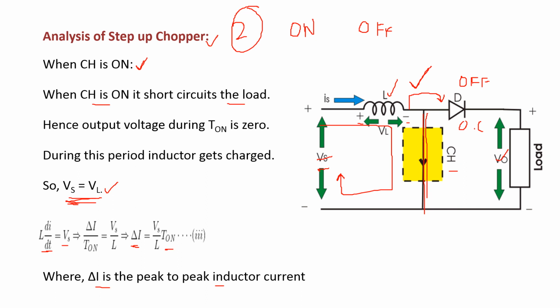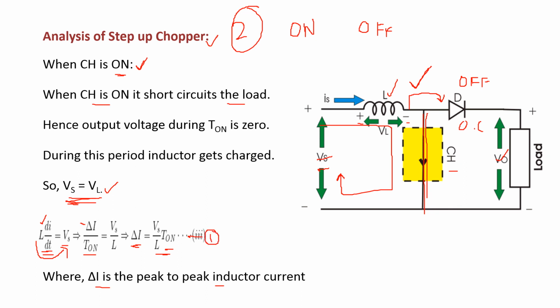From this equation, in place of di we write delta I. Similarly dt is the chopper on time, so dt is given as T on. From that, delta I by T on is equal to Vs by L. From that, delta I is equal to Vs by L into T on. Consider this as equation number 1.